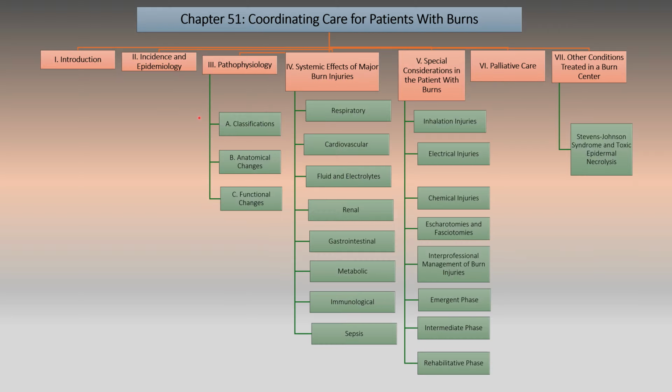Three common estimation methods are the rule of palm, approximately 1% TBSA; the rule of nines, common in pre-hospital care; and the more accurate, age-adjusted Lund and Browder classification used in burn centers.